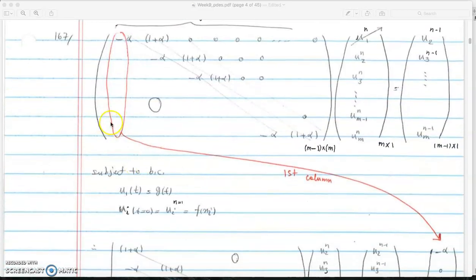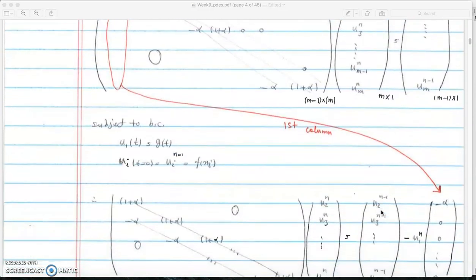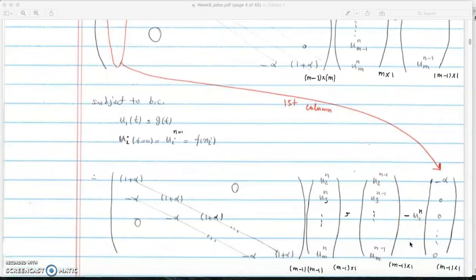So this column gets passed over to the right side, multiplied by the value u1^n, and we're going to change the sign of it because it's going from left to right. So on the right side now I have my original b vector with the addition of this known value at x equals 1 times the corresponding column of the coefficient matrix on the left. So now this system is well defined.